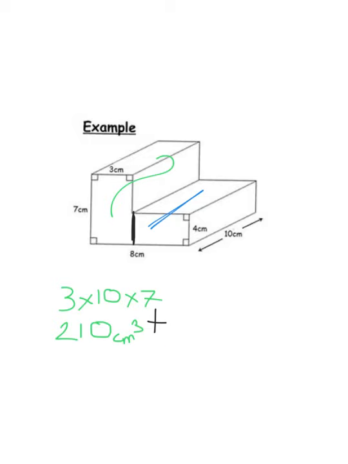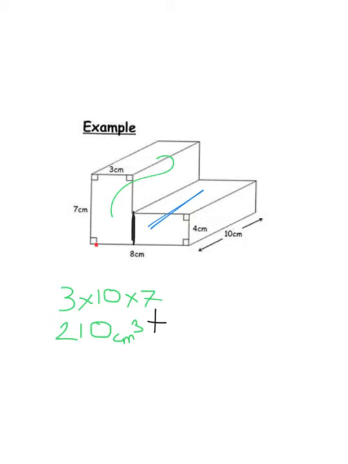All right, we're going to add that to the volume of the blue rectangular prism. And this time we're going to do the length. So the length is still not 8 centimeters. We haven't got a length. We could either use this one or this one. They are the same, but we haven't got it. So unfortunately, we're going to have to do a little bit more maths to work out the length.